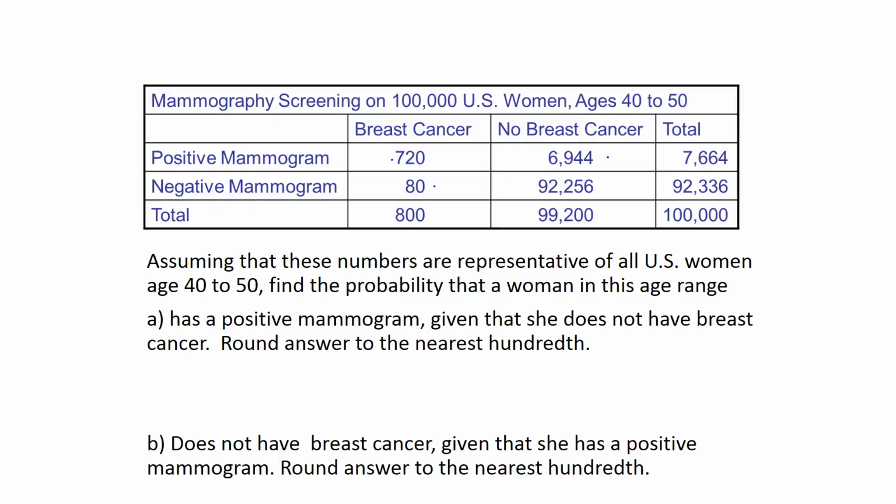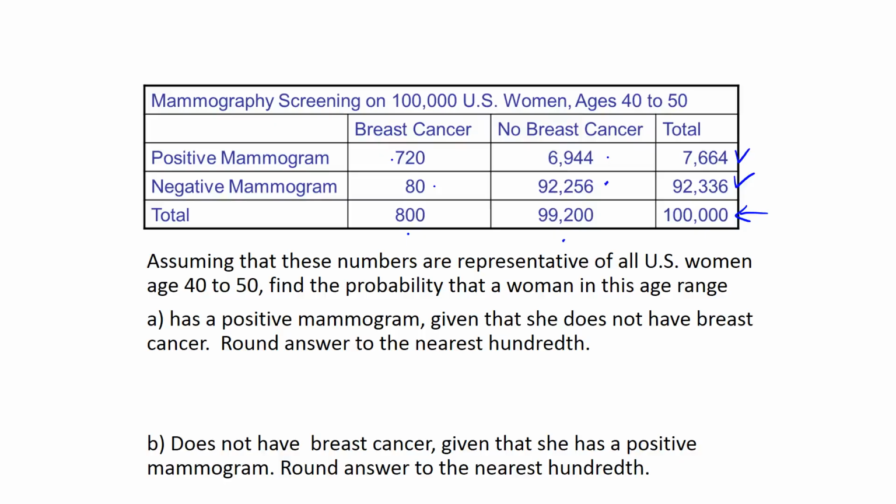For 6,944, even though they had no breast cancer, they had a positive mammogram. And we expect this one to be large: no breast cancer, negative mammogram, 92,256. The total number of positives and negatives should be 100,000, and the total of breast cancer and no breast cancer should also total 100,000.